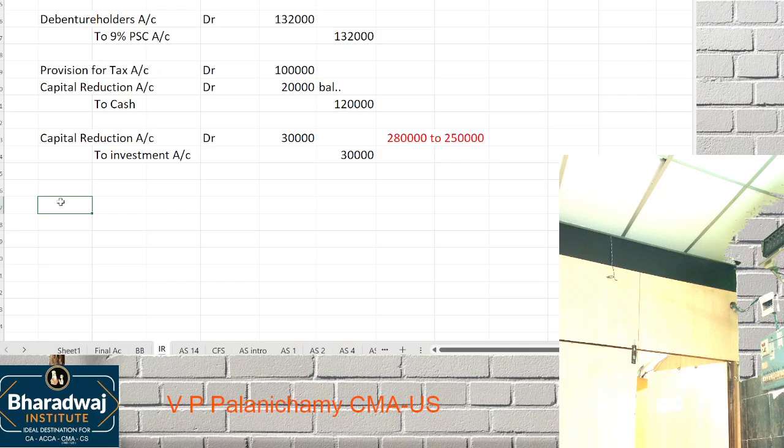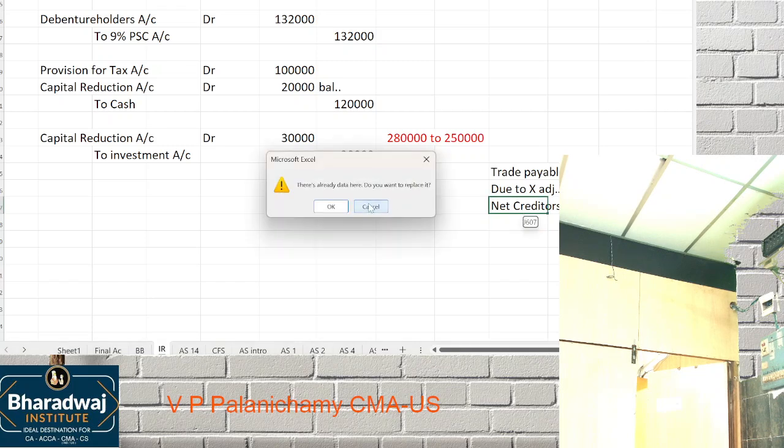So trade payable in the balance sheet is 1,30,000. Yes, the amount due to X is already adjusted. How much? 50,000. Net creditors, how much is there? 80,000. For this, the stock is taken over.